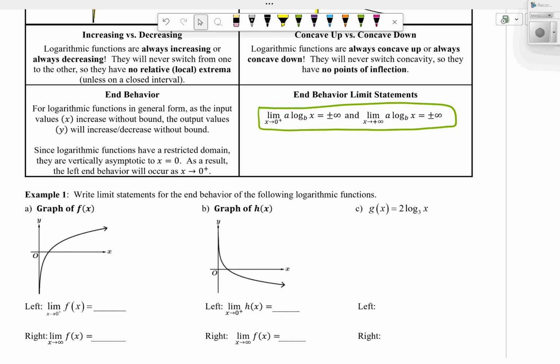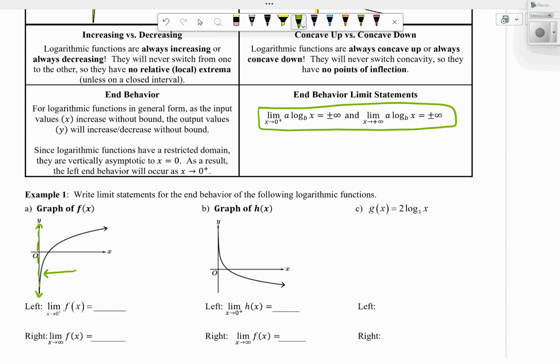So if we're looking here, we can see that, again, there's that vertical asymptote at x equals 0 right here. And the limit as x approaches 0 from the right side. So notice that we can't go to negative infinity because we have that vertical asymptote there, because remember, we cannot ever touch or cross over a vertical asymptote because it's where a graph's undefined.